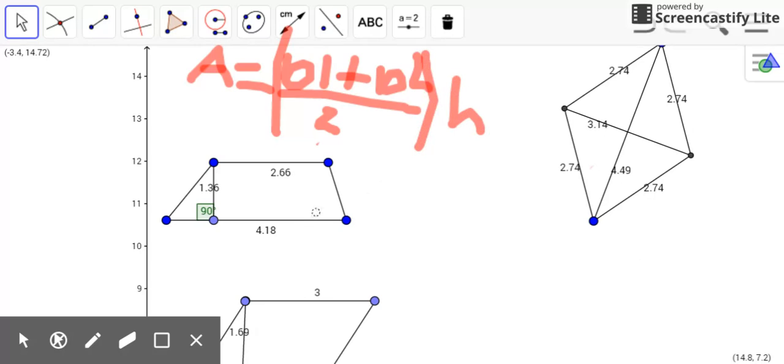This is base 1, 4.18, and base 2 is 2.66. You'd add those two together, which would give you 6.84.